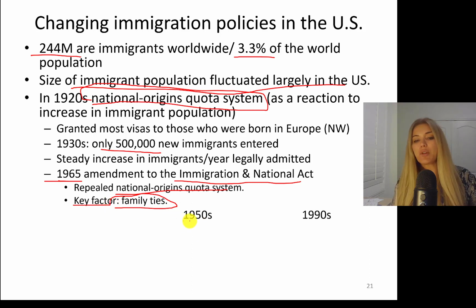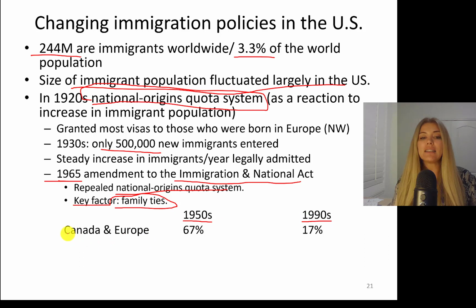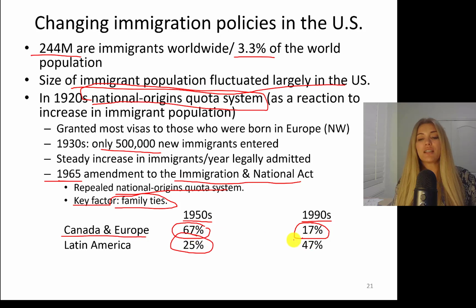So let's see the percentage of immigrants coming from different country regions in the 1950s versus the 1990s. For instance, Canadian and European immigrants made up 67% of the immigrant population in the United States in the 50s. Today, they only make up 17%. Latin American immigrants made up 25% of the immigrants in the 1950s. Today, it's about a 50% majority.